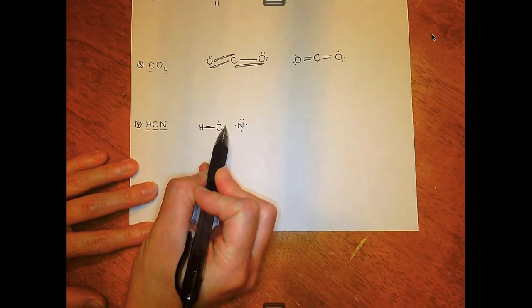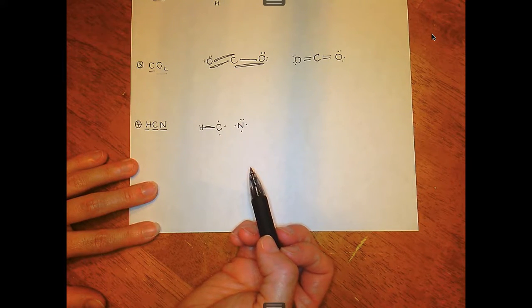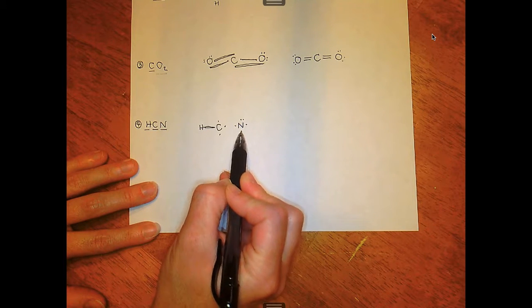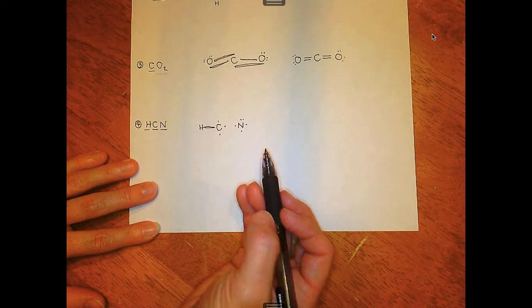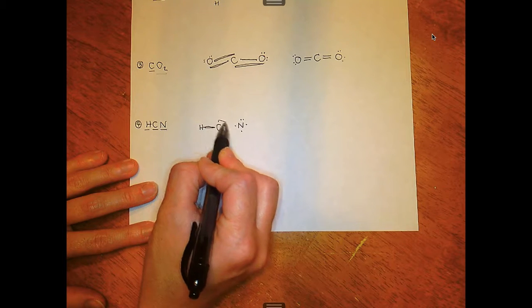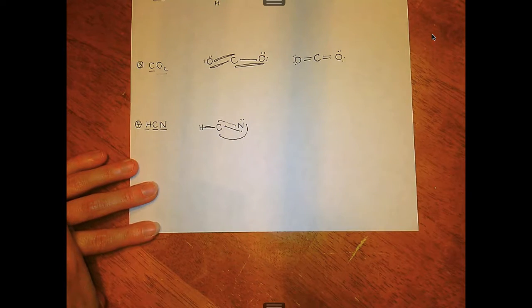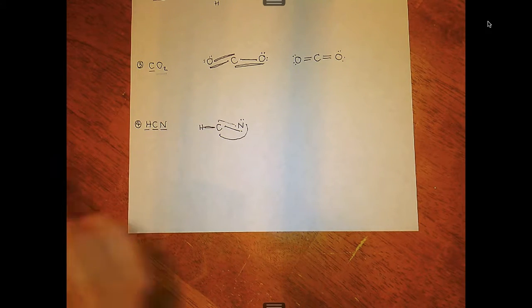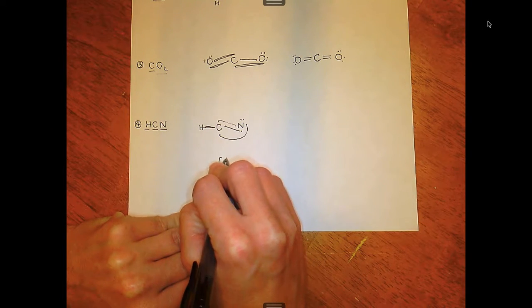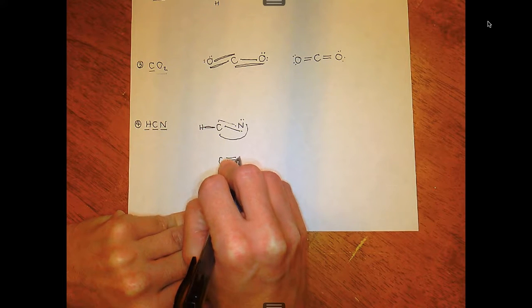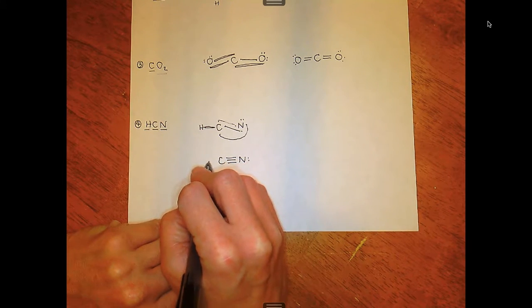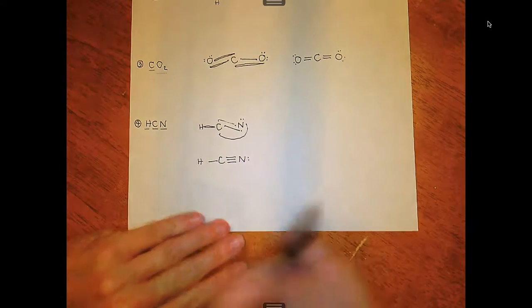You have 1, 2, 3 lone electrons on nitrogen who want to share. So what would you expect to happen? We would expect some covalent bonds to come out. And this one definitely looks a little weird, so I'm going to redraw it. You see that 3 sets of bonds are being shared, and so yes, this would be called a triple bond.